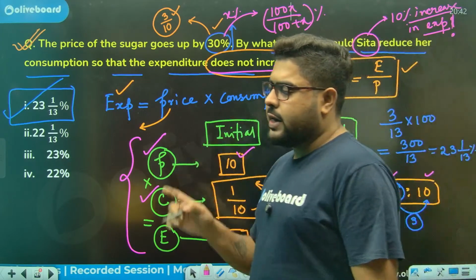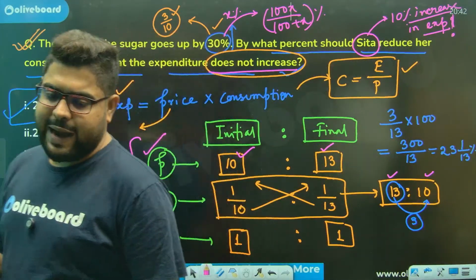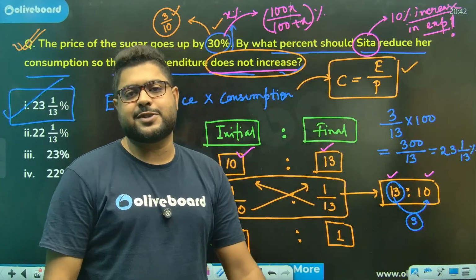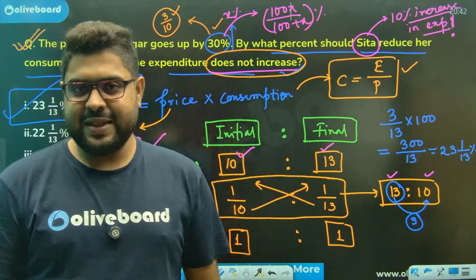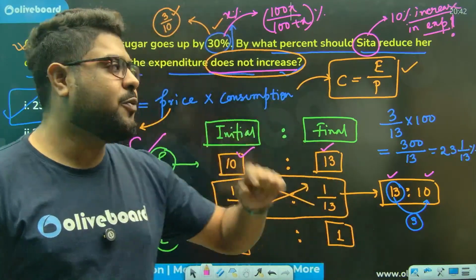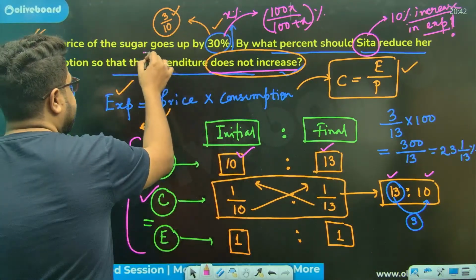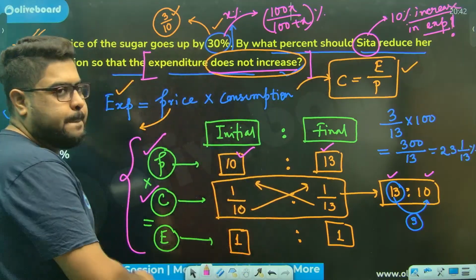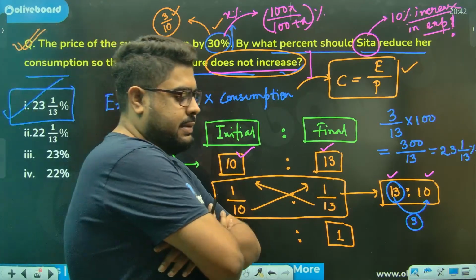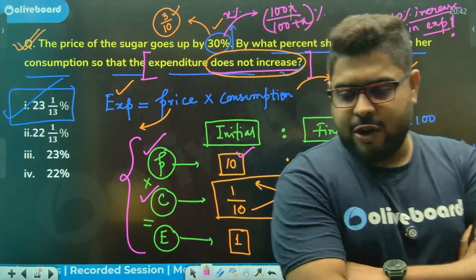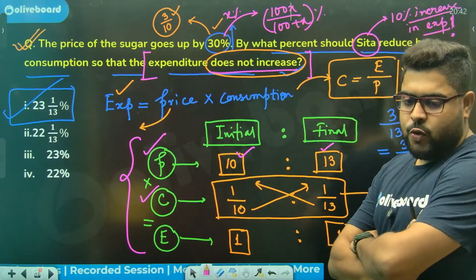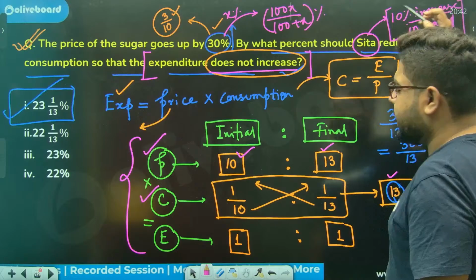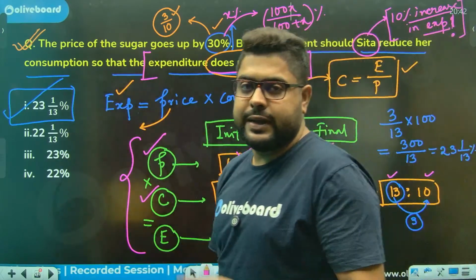Then you are in a bad place, because none of these two shortcuts that I've just told will work. These shortcuts will only work if expenditure is constant. But nobody has told you that it will always be constant. What if Sita's expenditure increases? Sita can afford a 10% increment in expenditure.